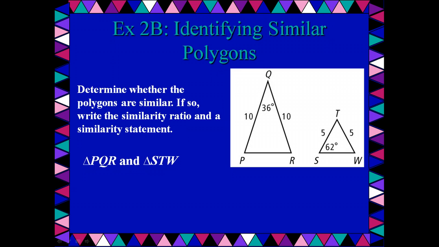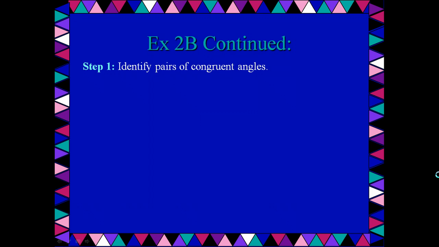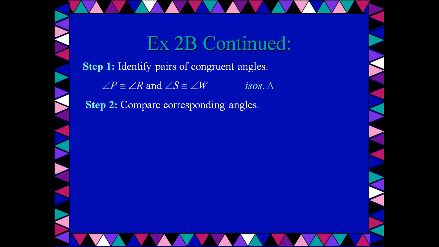Let's look at another one. Determine whether the polygons are similar. If so, write the similarity ratio and a similarity statement. And we're given triangle PQR and triangle STW. Step 1, identify pairs of congruent angles. It's an isosceles triangle, so that means that P is congruent to R and S is congruent to W. Step 2, we're going to compare the corresponding angles.